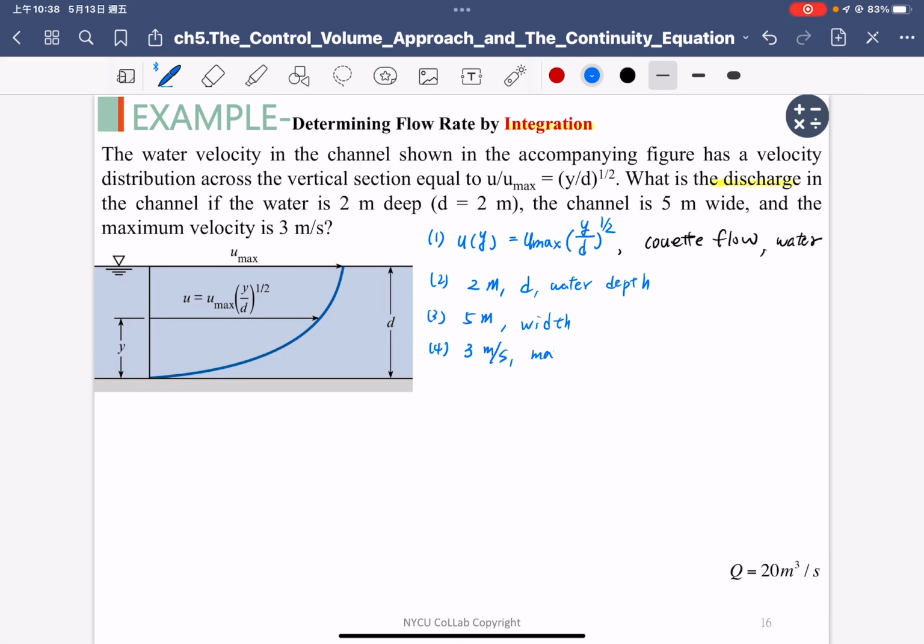So in total we have four conditions for this problem.